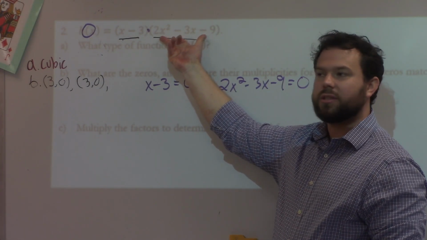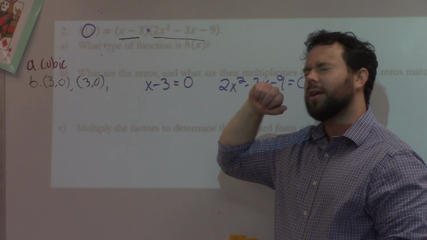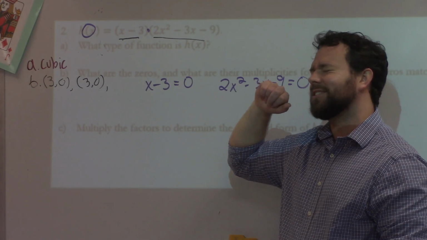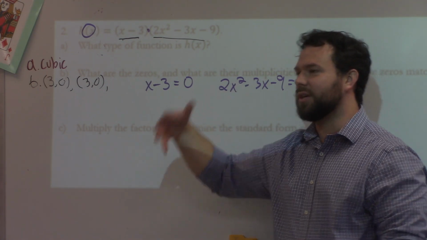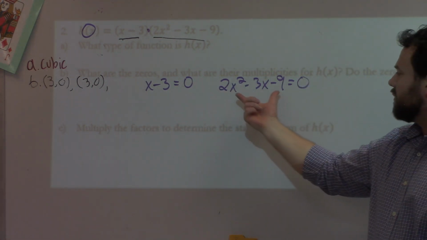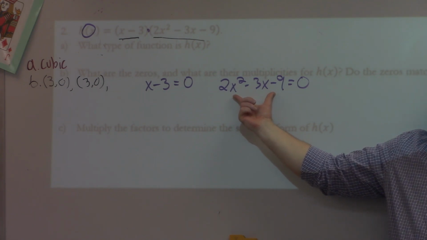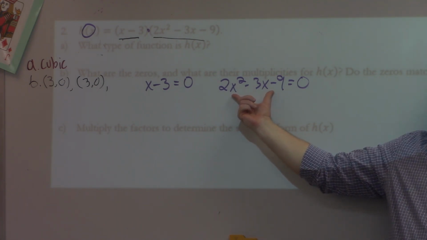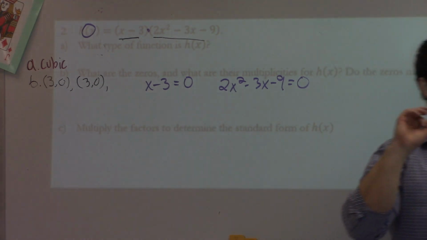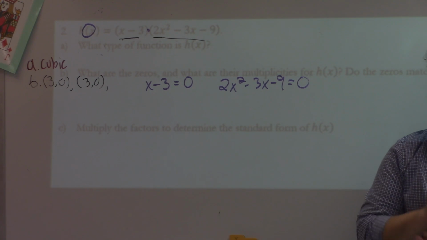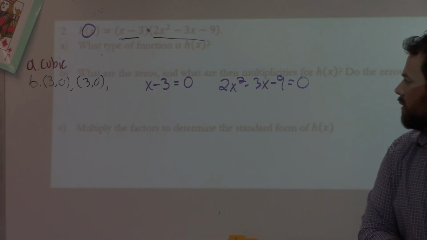What type of function is this factor? Quadratic, which is degree 2, and it has how many zeros? Just this quadratic? 2. This linear has 1, for a total of 3, right? 3 zeros means that it's going to be cubic.